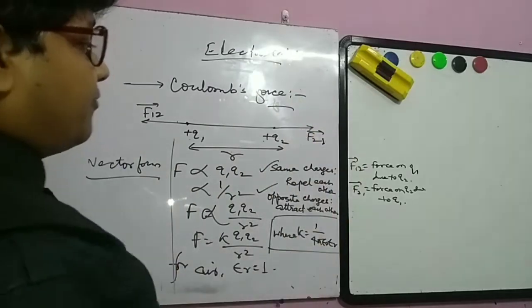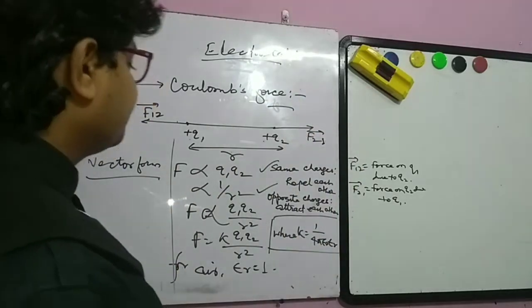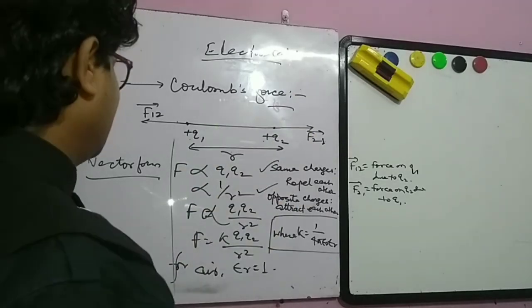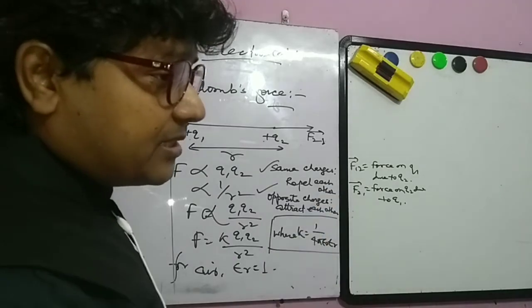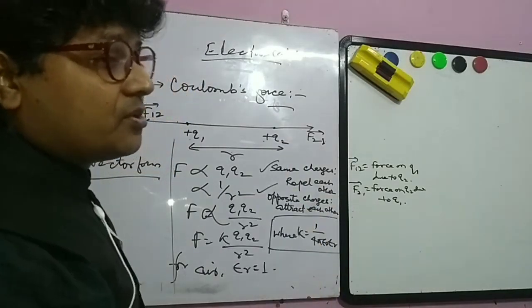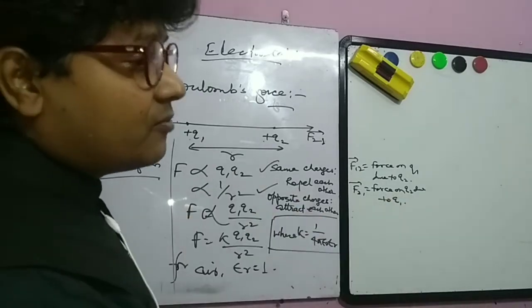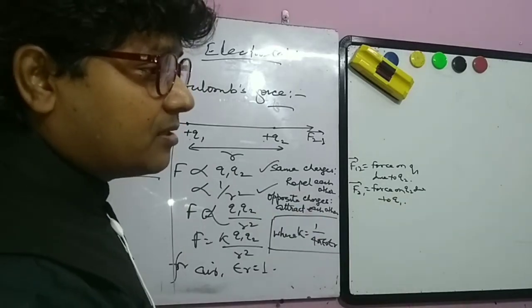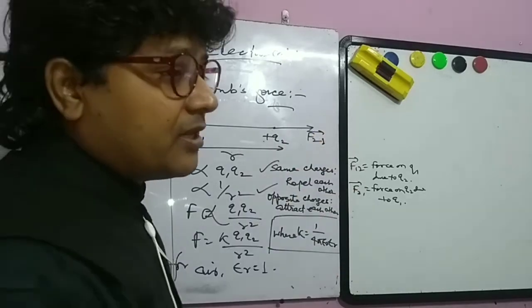They are at 180 degree angle, they are in opposite direction. So in vector form you have to decide according to unit vector, because unit vector gives the direction of force, right? Unit vector is used for the direction of any vector.